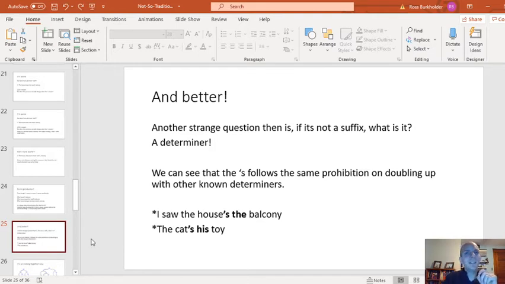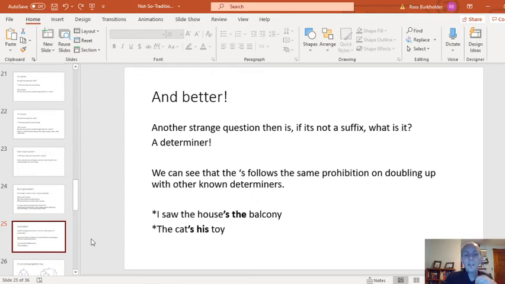That's a weird sentence, right? I saw the house's balcony, totally fine. I saw the balcony, totally fine. But I saw the house's the balcony, or the house's my balcony, is utter garbage sentence. And we don't really have a good explanation for why that is in traditional grammar.